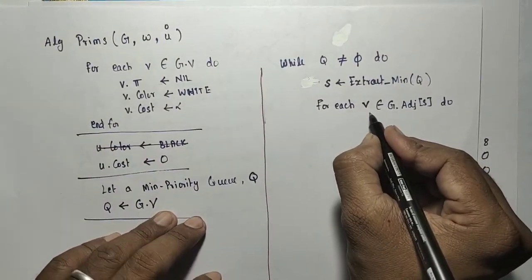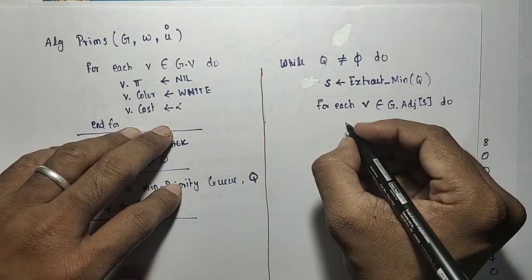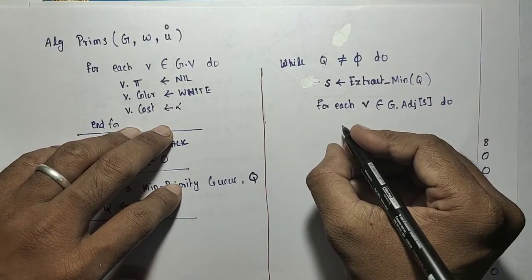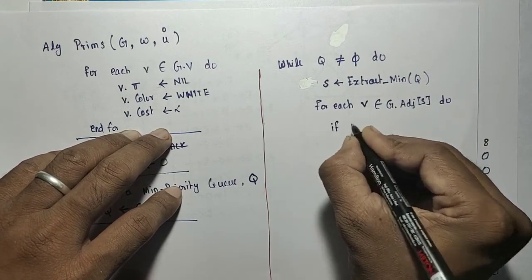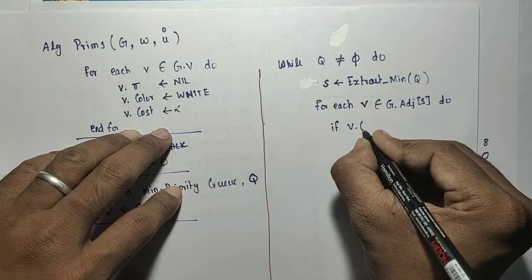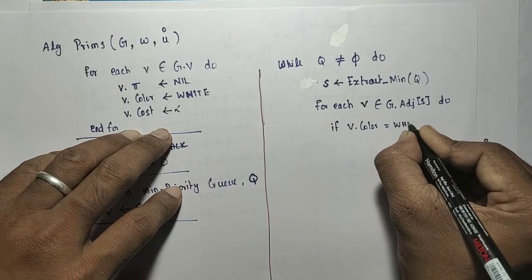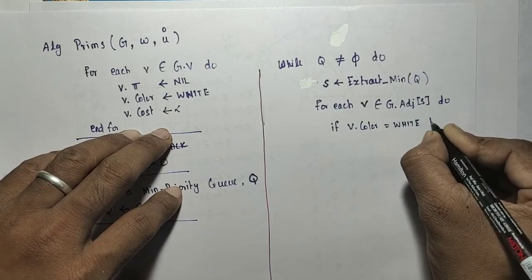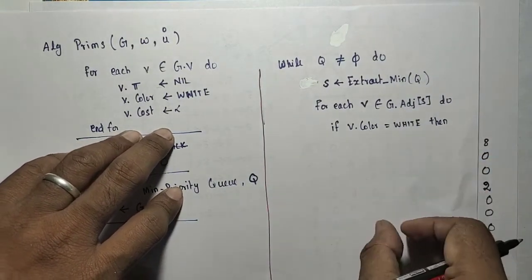So now that v is what, unvisited. Unvisited means what, if the color is white. If v dot color equal to white, then if it is white, you should not update immediately.